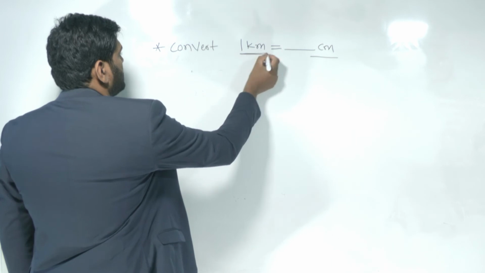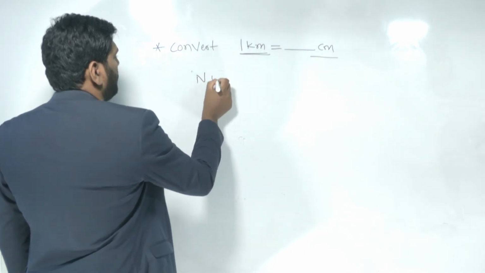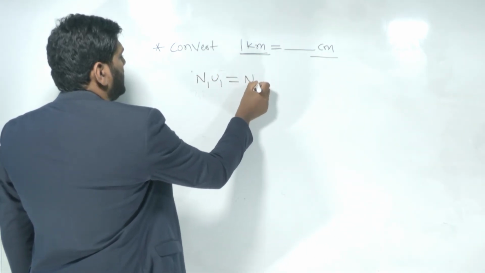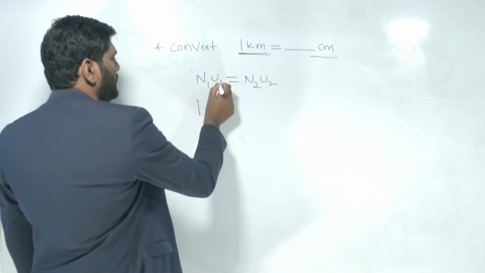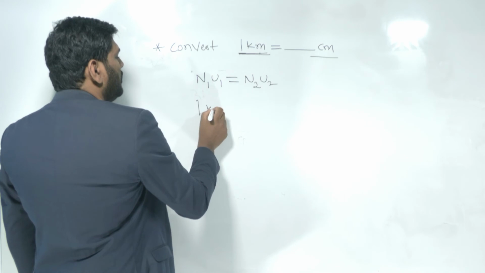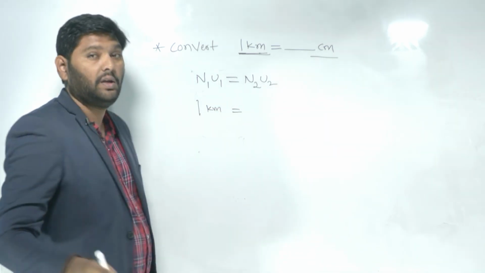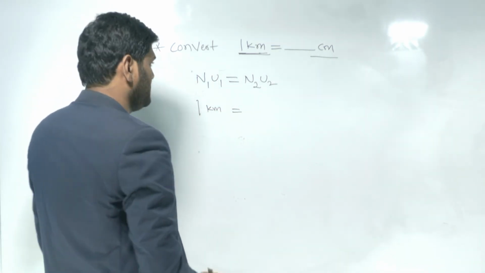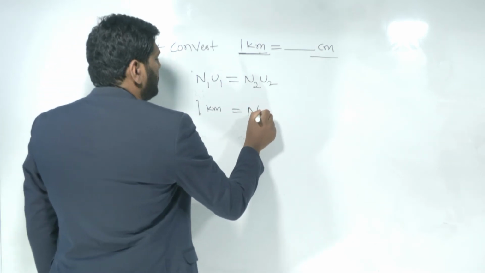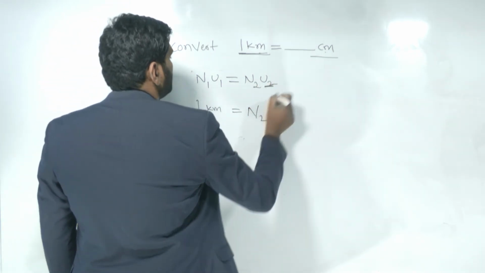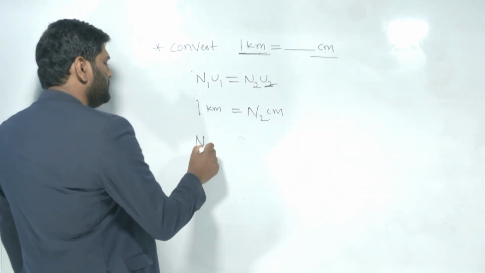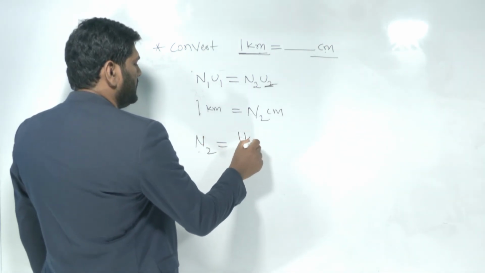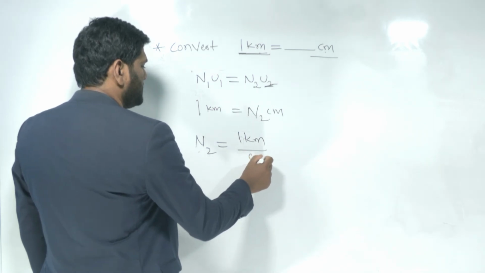First, what is the formula we'll use? N1 U1 is equal to N2 U2. N1 is 1, U1 is kilometer, a unit in another different system of units. N2 we must find, U2 is centimeter. So from here N2 is equal to 1 kilometer by centimeter.